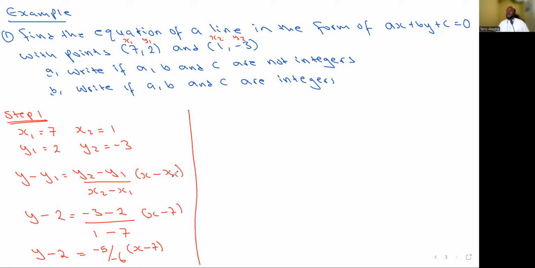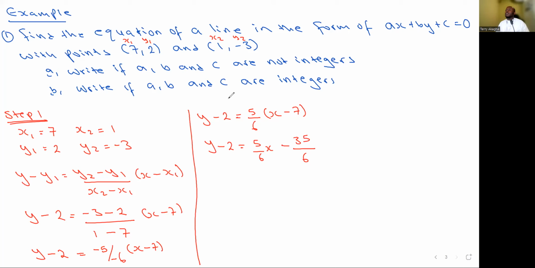So then y minus 2 will be equal to, minus divided by minus will give you positive, so it'll be 5 over 6 into bracket x minus 7. Okay? You open the bracket, it'll be y minus 2 is equal to 5 over 6x minus 35 over 6.